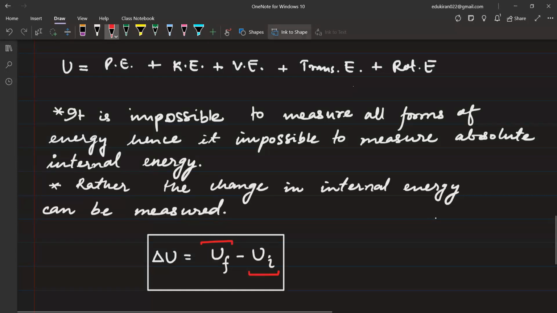So ये फॉर्मूला कैसे हो सकता है? We cannot measure the internal energy in the final state, neither can we measure it in the initial state. So sometimes you will see these equations and it may seem like a formula, but these are generally definitions. What is change in internal energy? It is the difference in the internal energy of the final and the initial state. That is a definition. It is not a formula.